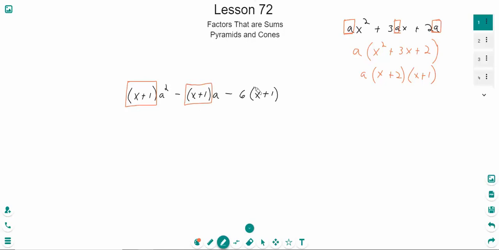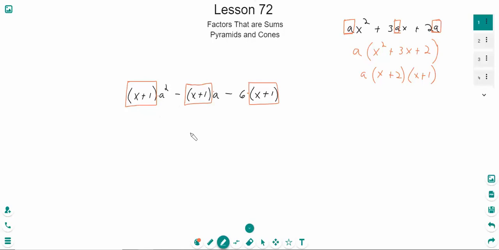I've got an x plus 1 in every term. And that x plus 1 is a factor. That's important to recognize, which means that it's being multiplied by the rest of the term. So this x plus 1 is being multiplied by the a squared, and this is being multiplied by the a, and it's being multiplied by the 6, right? So the x plus 1 is definitely a factor in each of these terms.